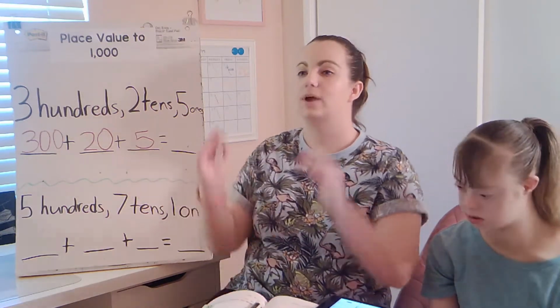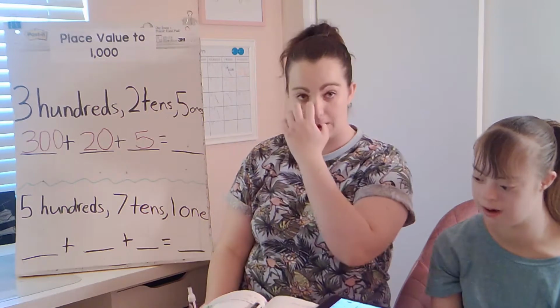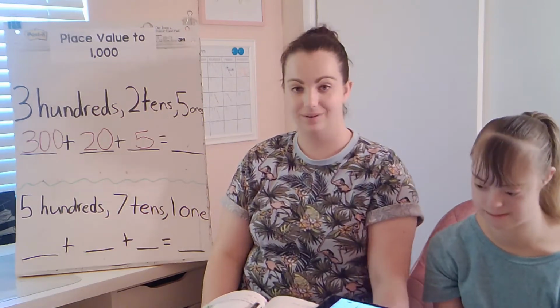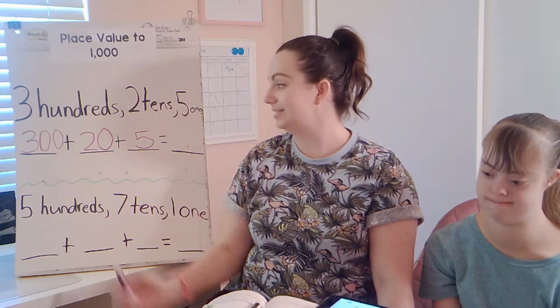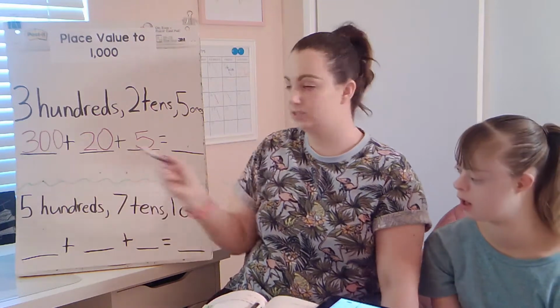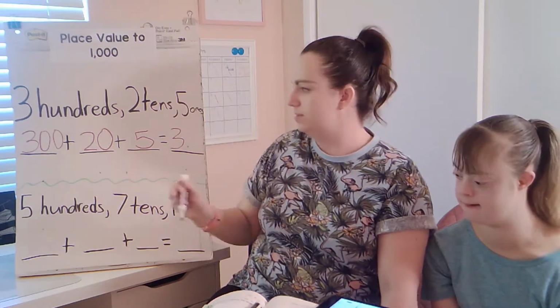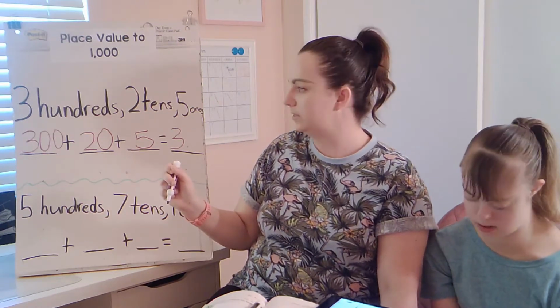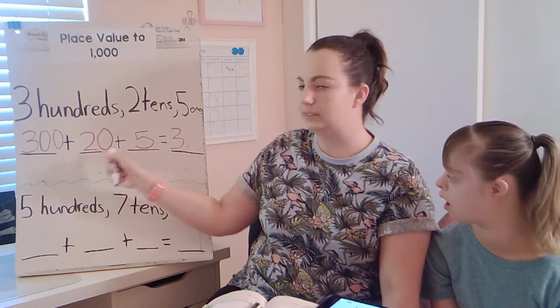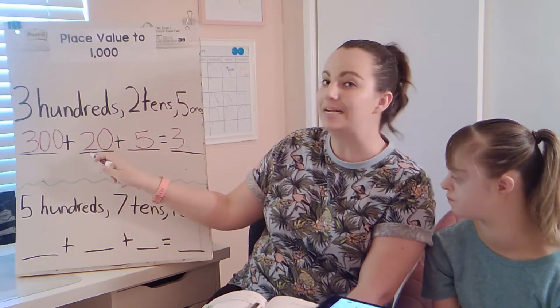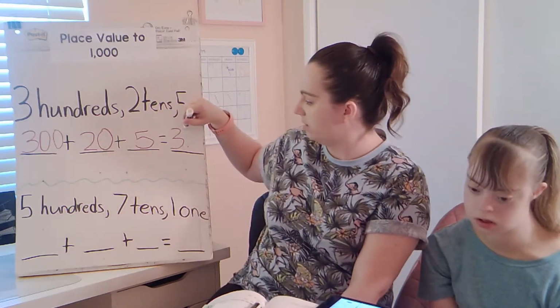Now I need to write the final number, put all together. Okay, so let's see. 300, so I know I need to write a 3 over here on the left. And then what number? Be 20, so it would be shown by a 2 in the 10 spot.